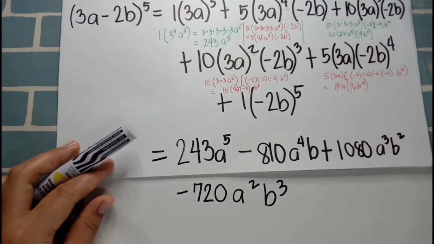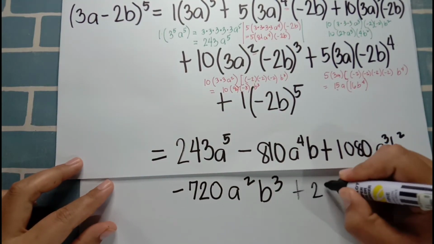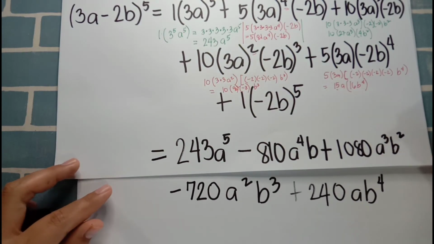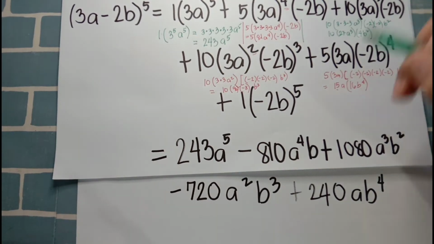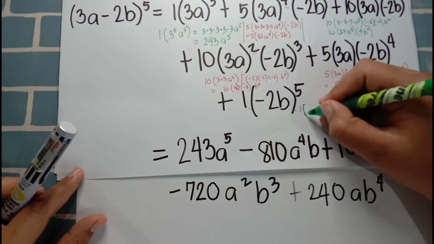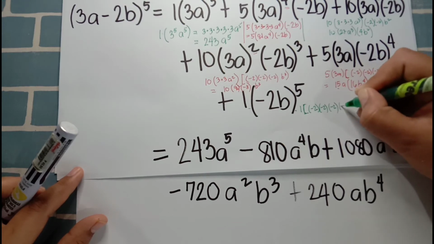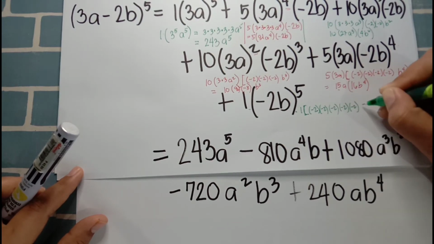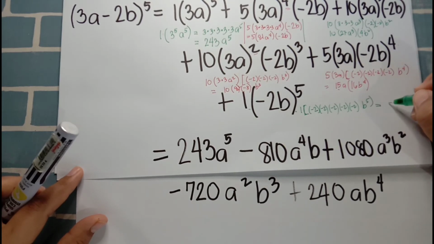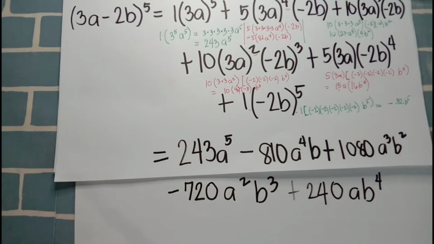So, 15a times 16b to the 4th power is positive 240a b to the 4th power. And lastly, 1 times negative 2 raised to the 5th power. So, negative 2 times negative 2 times negative 2 times negative 2 times negative 2, b to the 5th power is negative 32b to the 5th power.